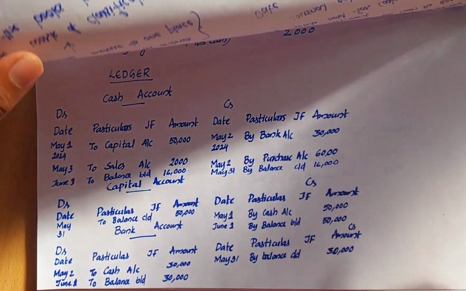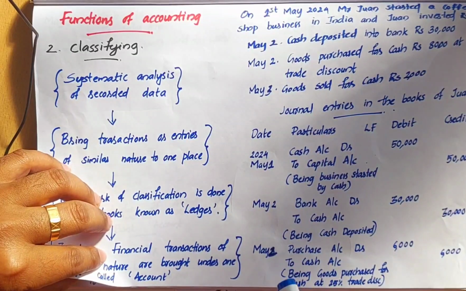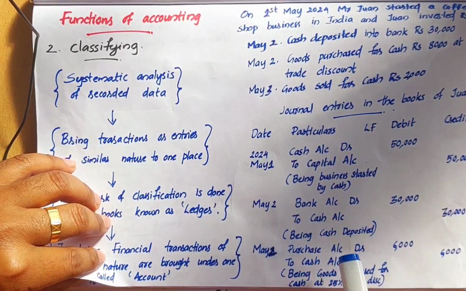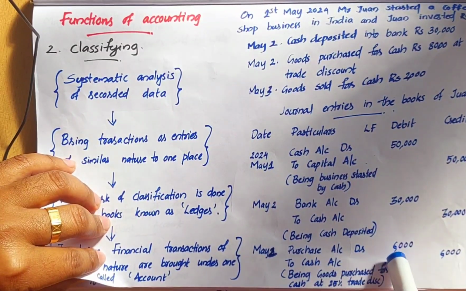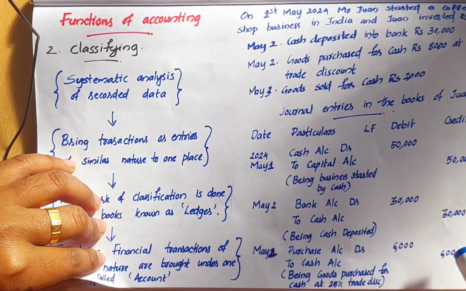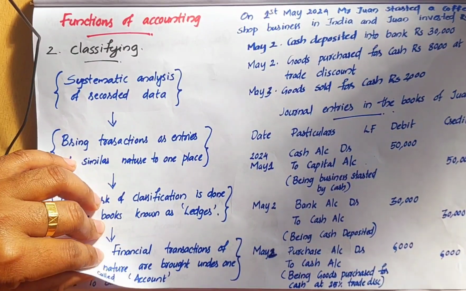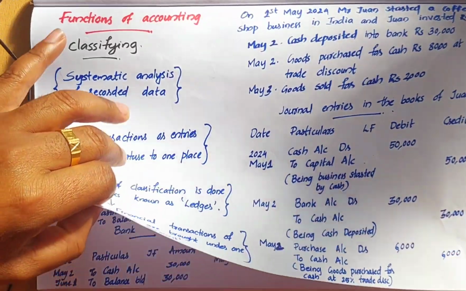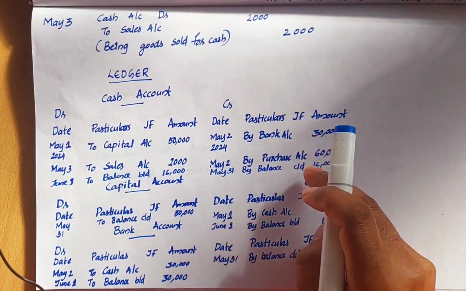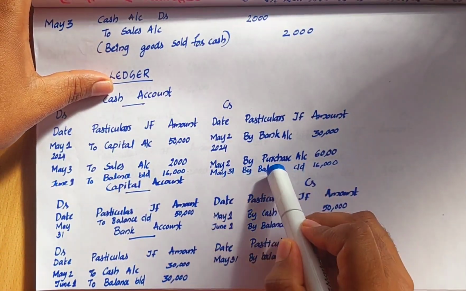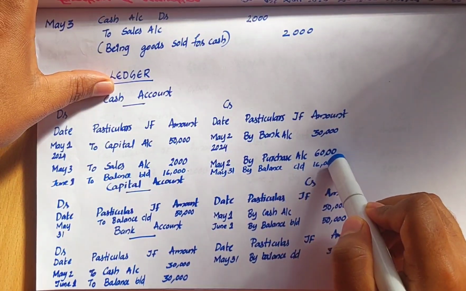Okay, and next, May 2nd, the same day, purchase account debited to cash account 6,000. So cash here we are crediting, so we need to go to the credit side of the ledger and write by purchase account 6,000.